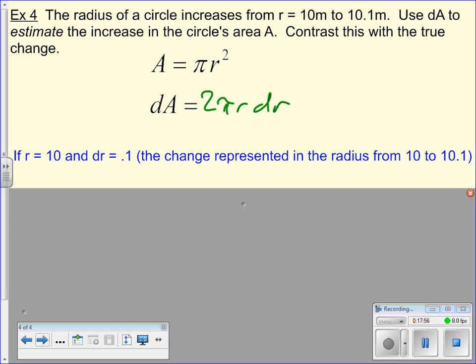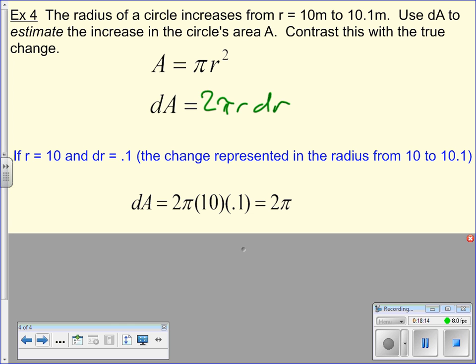So, if r equals 10 and dr equals 0.1, the change represented as I go from 10 to 10.1, right? That makes sense. dr is the change in radius. My radius goes from 10 to 10.1. What is the change? It's 0.1. Okay. There's our equation. We took our equation, plug in the values.